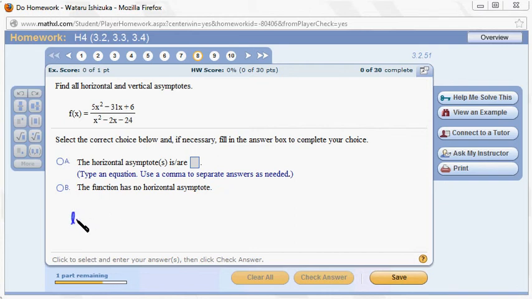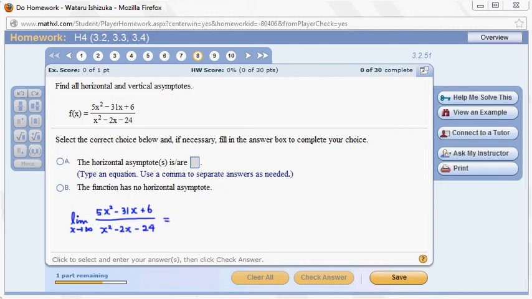The limit as x approaches infinity of this rational function: 5x squared minus 31x plus 6 over x squared minus 2x minus 24, right?